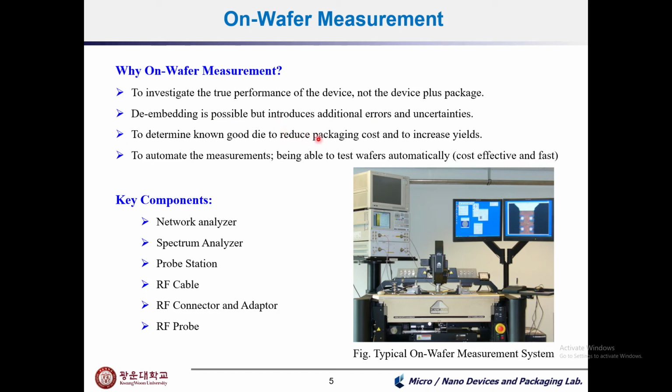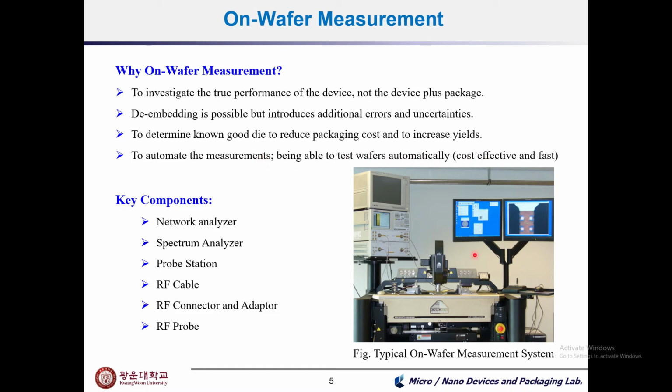So to determine the good dies and to reduce the packaging cost, on-wafer measurement is used. Another important thing is that it can automate the measurements because it is able to test wafers automatically. So this is a cost-effective and fast method of IPD measurement.